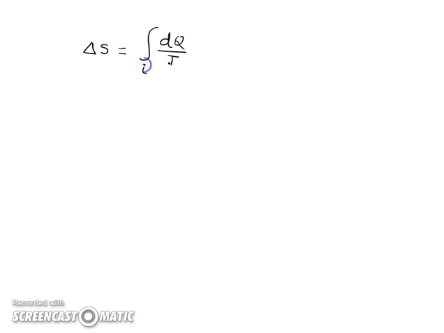So let's say this is my initial state and this is my final state. So this one is when it's reversible but the temperature is changing, a changing temperature process. All right, so we have to integrate the whole term.